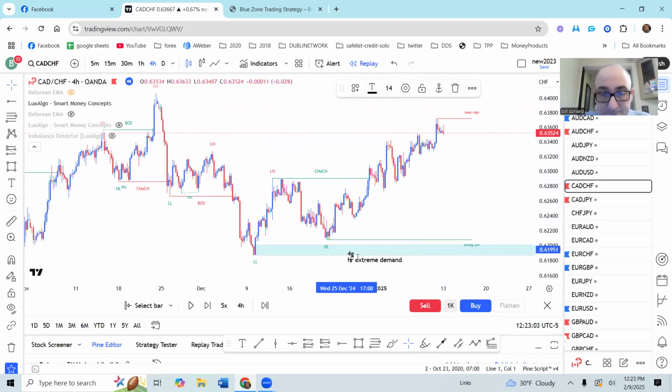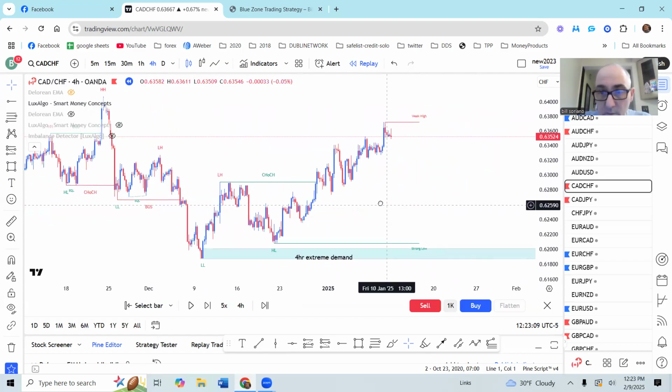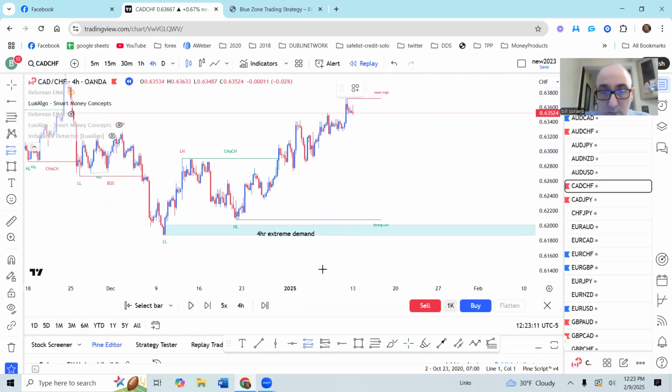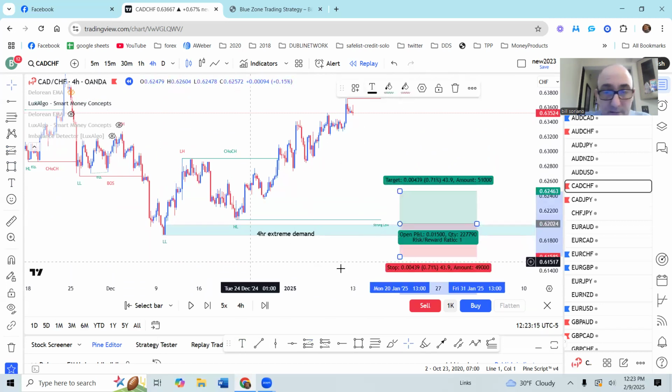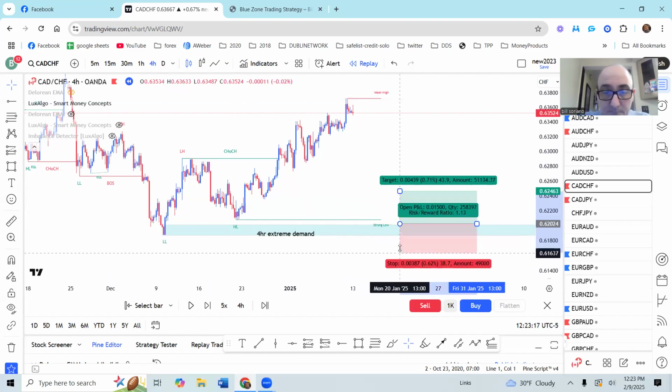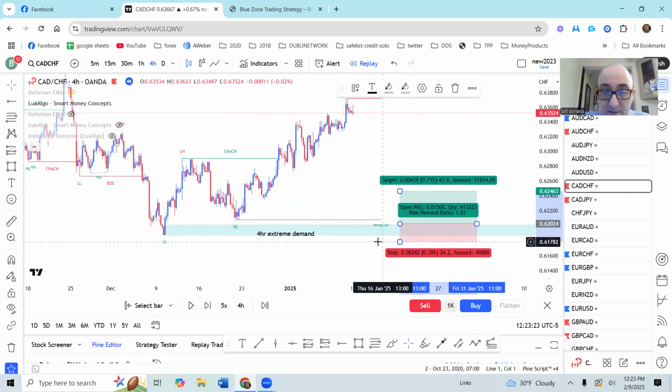Since it's an extreme zone, we can just set a limit order right here. And our stop loss, or our invalidation area, would go down below the demand zone.